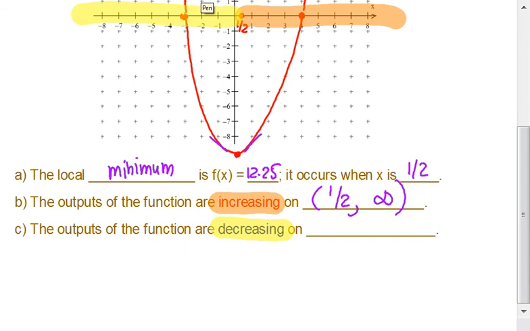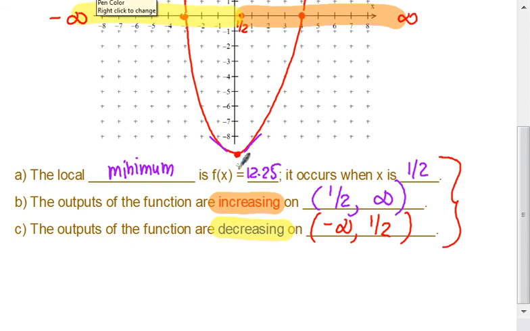So let's state that as an interval from -infinity all the way up to 1/2, the graph is dropping. Okay, and there you have it. We've answered all three parts of the question, and we've seen that calculus agrees with what our algebra and common sense view of the function tells us, and so all is well.